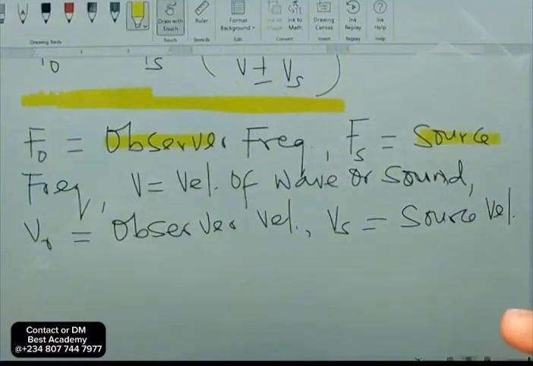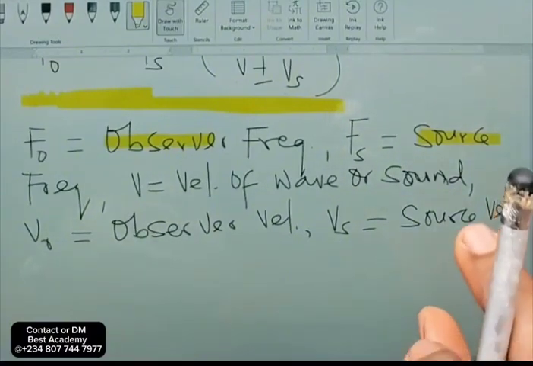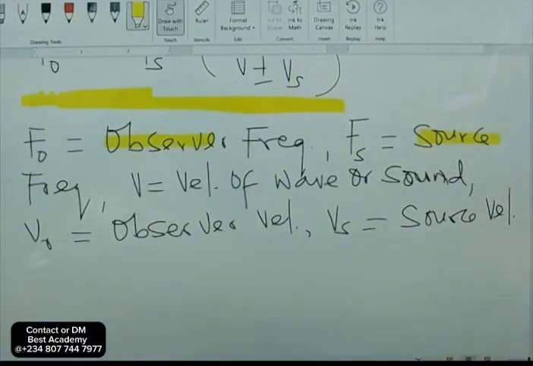So if I have a siren and a car, the siren that is producing the sound is said to be the source, while the car that is close to the source, or the siren, is called the observer. Please take note.